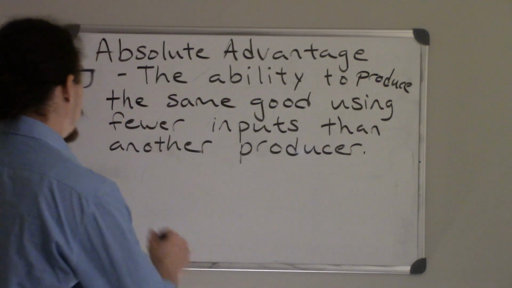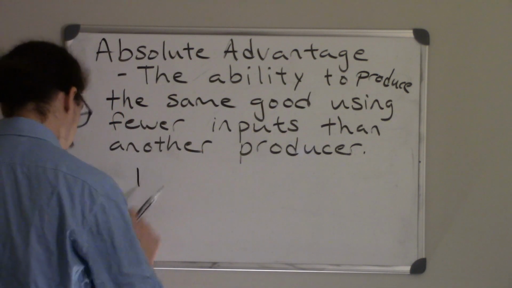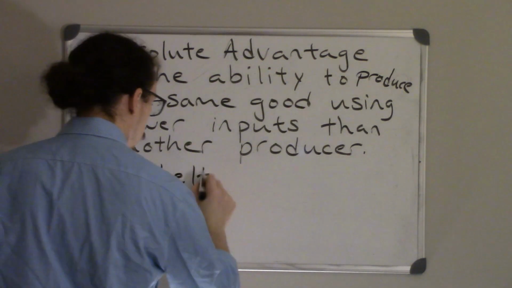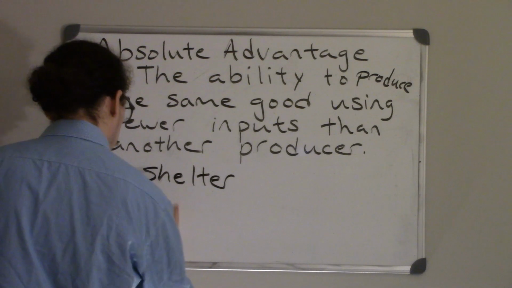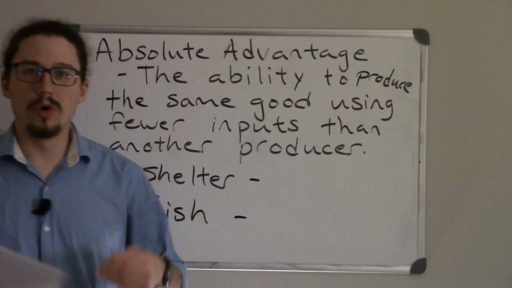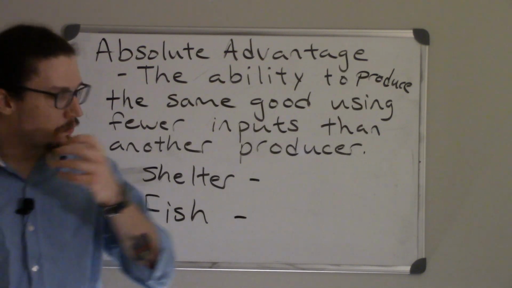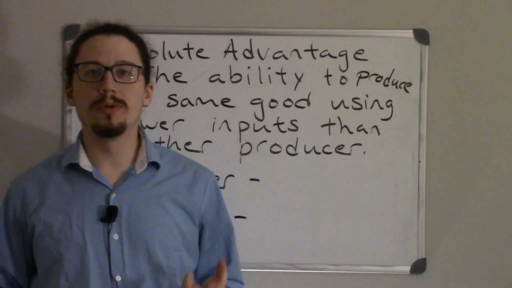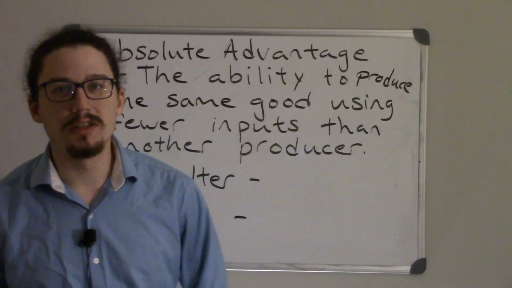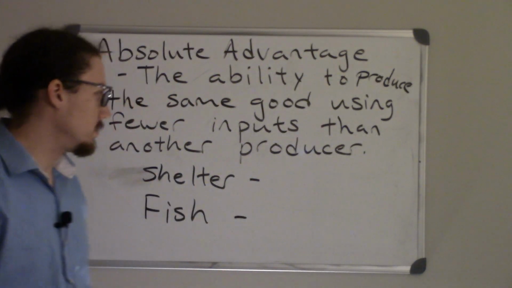So when we look at the absolute advantage and we compare Friday and Crusoe, right? We're looking at who can produce the most given the same number of resources. Conveniently for us, we gave them the same number of resources.